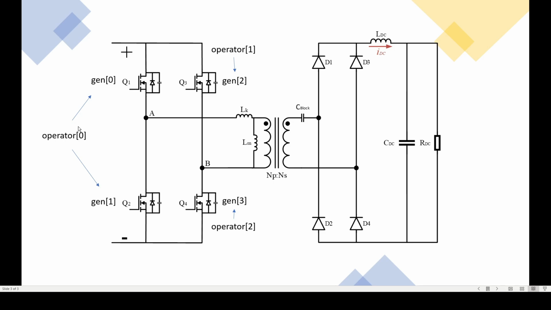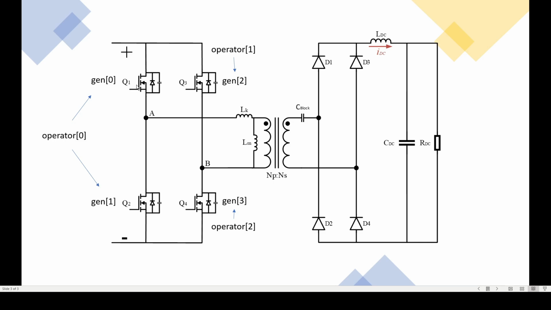The second operator, which is this one, controls the third generator, controlling Q3. And the last operator, the third operator, controls the generator at array location 3 for Q4.